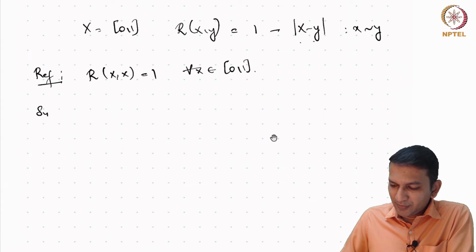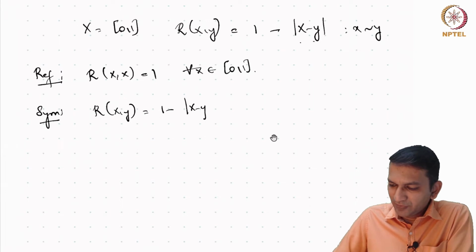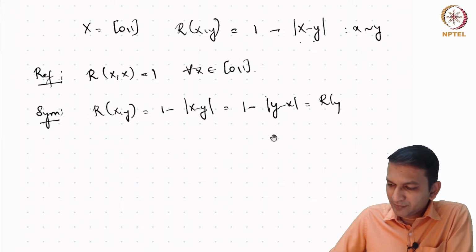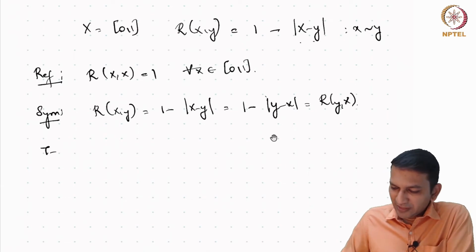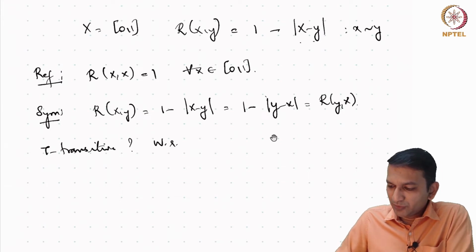Now is it symmetric? Well, r of x, y clearly is 1 minus mod x minus y, but you can also write it as 1 minus mod y minus x, which is r of y, x. So it is also symmetric. Now the question is, is this relation T-transitive? If so, with respect to which T-norm?